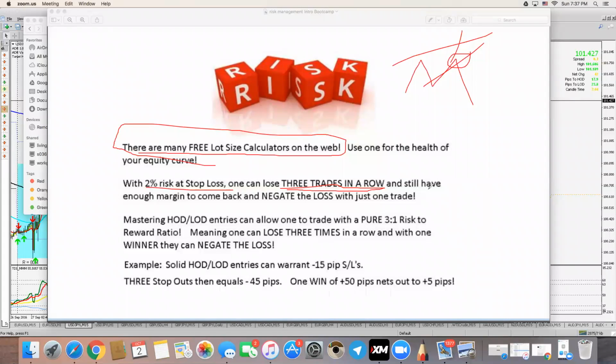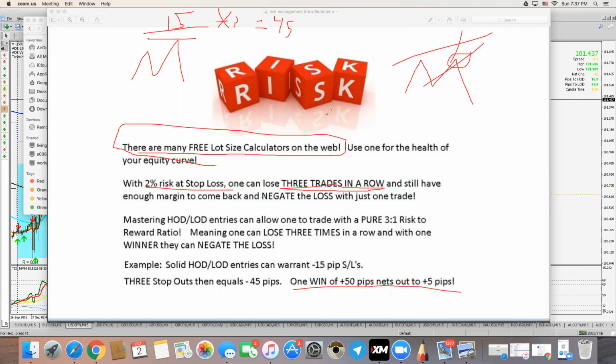Example, a solid LOD HOD entry can warrant, right? I said 23 pips, right? But once you're really confident, you can just make it less, 15 pips stop loss, right? If you have 3 stop outs of these, that's minus 45, right? Now, 1 win of 50 pips, right?